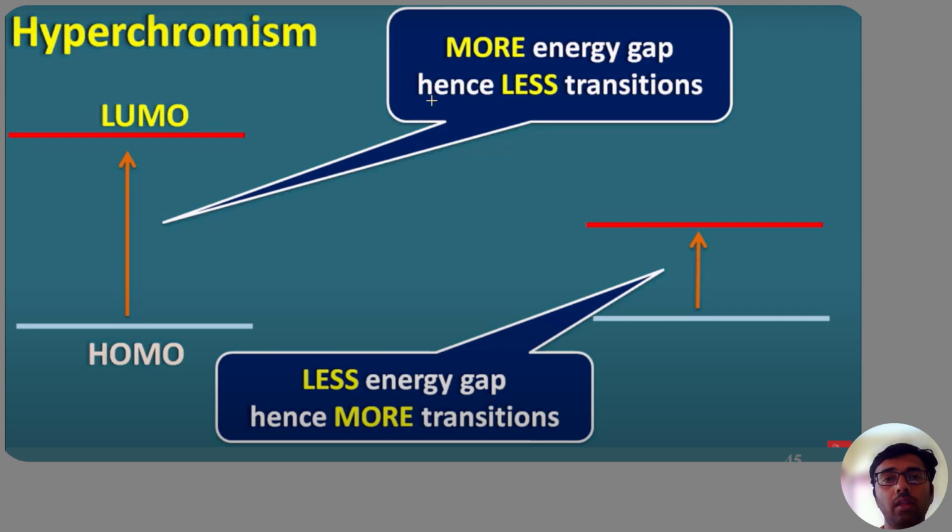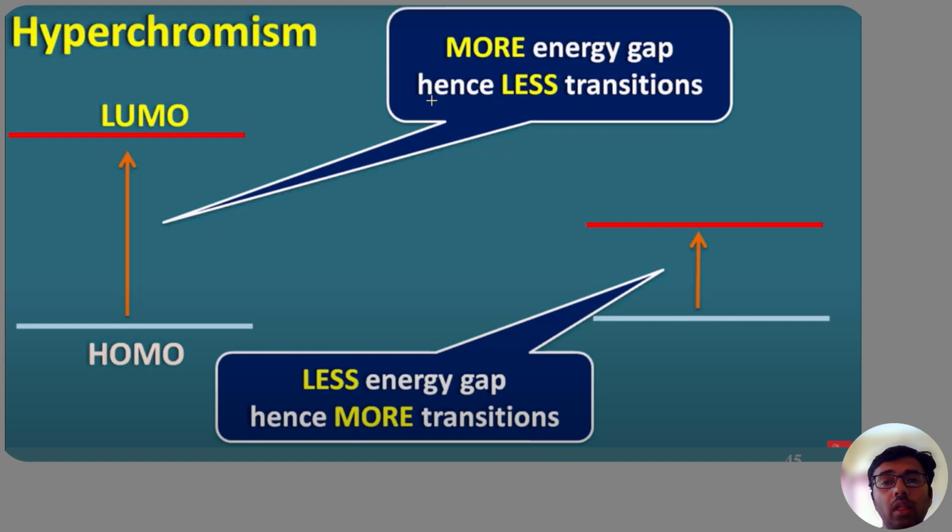Finally, let us discuss absorption intensity. Until now, we focused on peak position, but the peak height is also important. Changes in intensity are called hyperchromic effects, while wavelength shifts describe energy changes. Peak height represents transition probability. A small energy gap often increases transition probability.